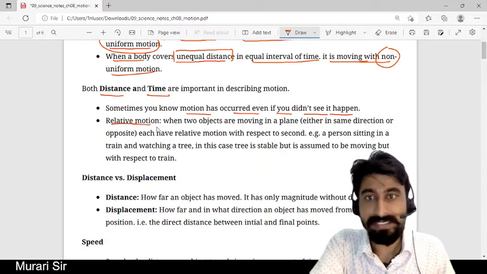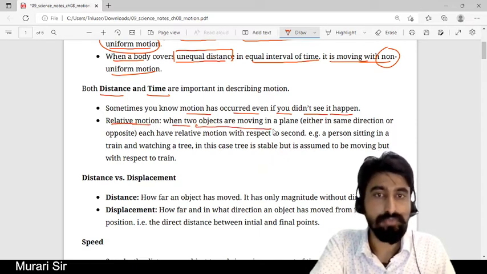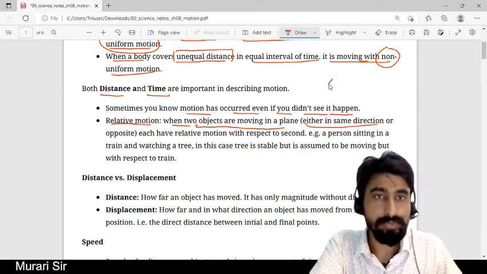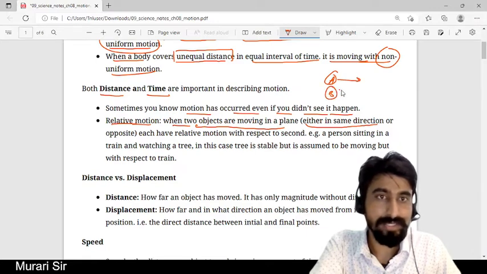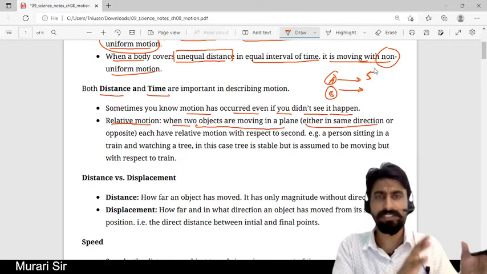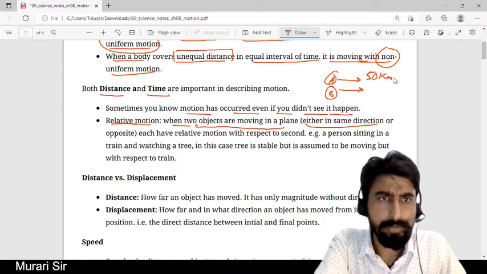What exactly is that? That is relative motion. When two objects are moving in a plane, either in the same direction, suppose one person A is there, second person B is there, both are moving in the same direction with suppose same velocity, or you can say same speed. We will understand the difference between velocity and speed later on, don't worry. Right now just consider 50 kilometer per hour.